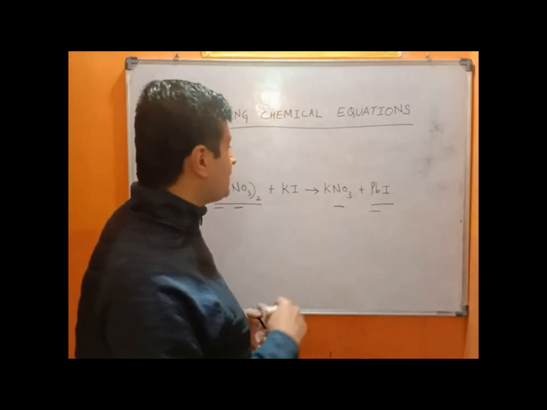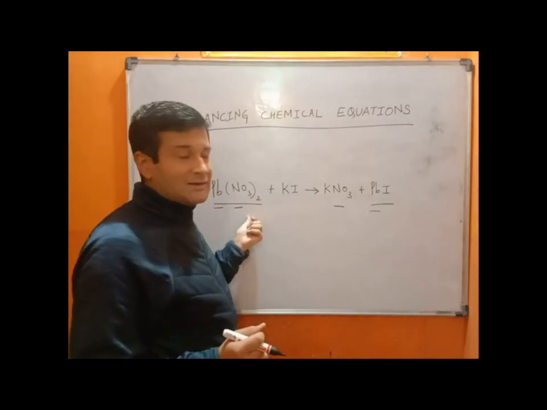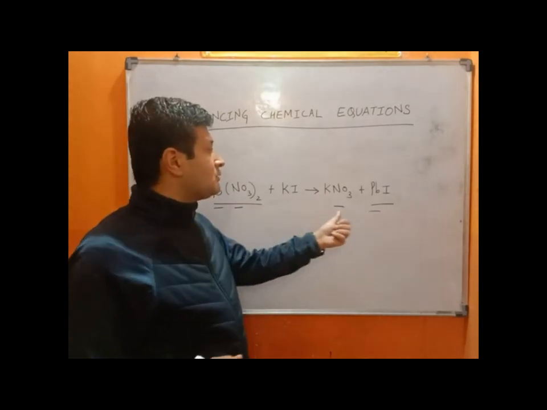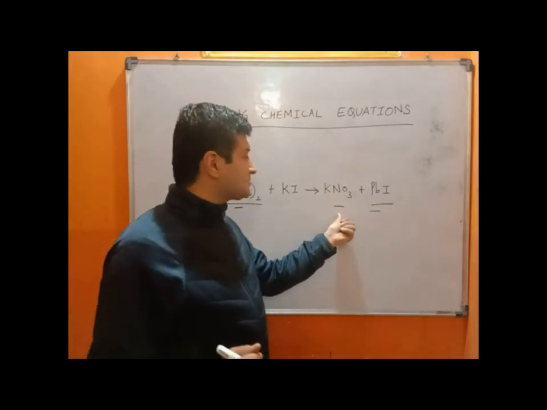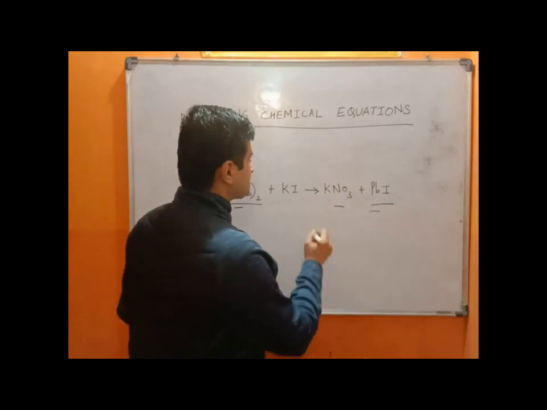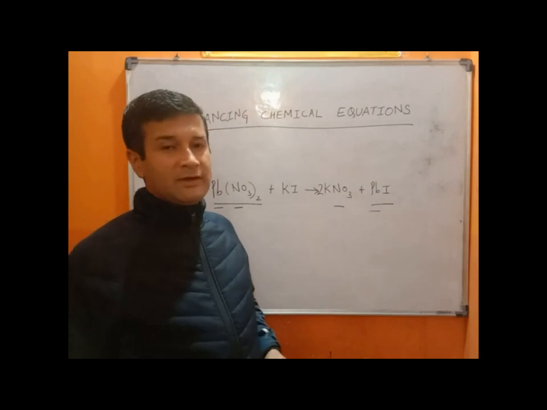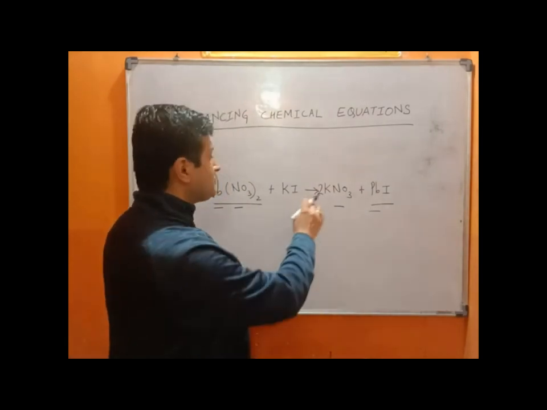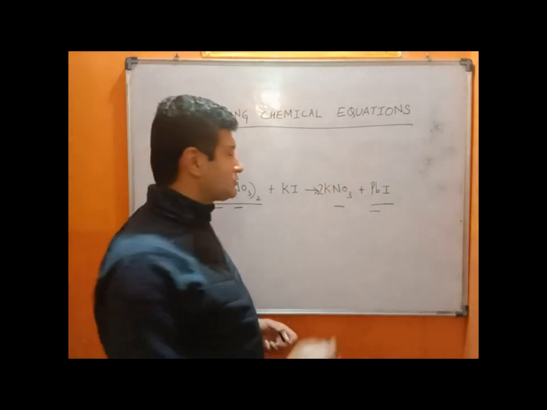Now how can we balance it? Since the number of nitrogen atoms here is 2, we have to make the number of nitrogen atoms 2 over here as well. So we write 2 over here, which means we have 2 nitrogen atoms.